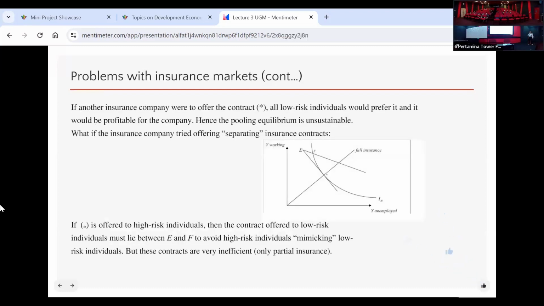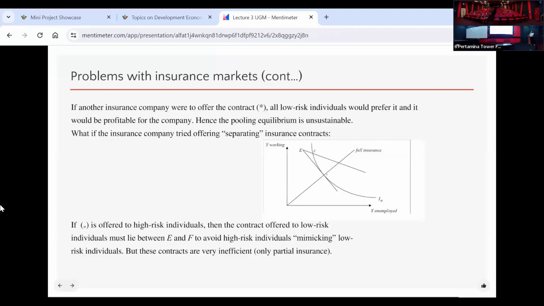So the pooling equilibrium doesn't work, and the separating doesn't work. The problem with insurance is asymmetric information because individuals know better their type. Asymmetric information means hidden information in this case, because I know better.